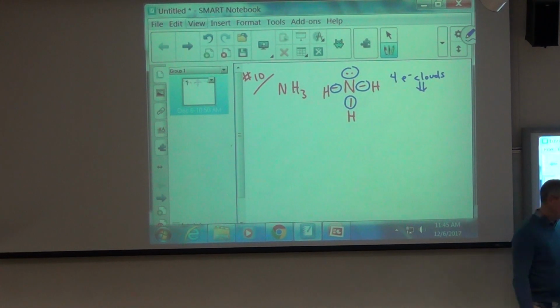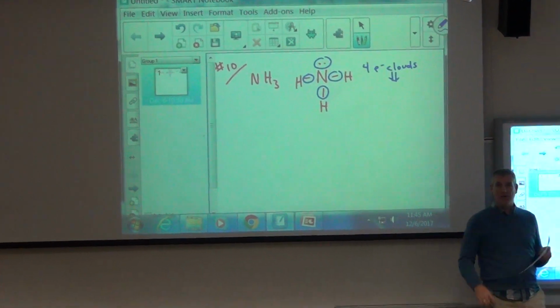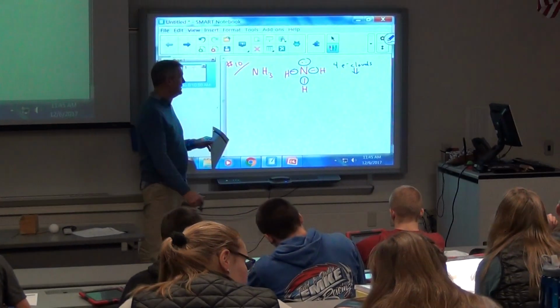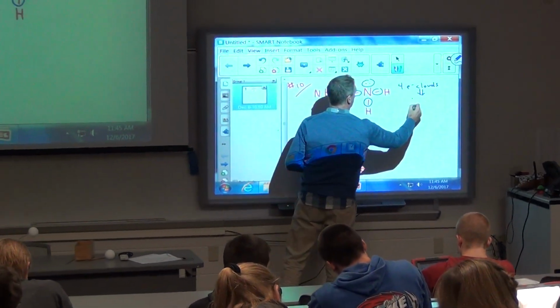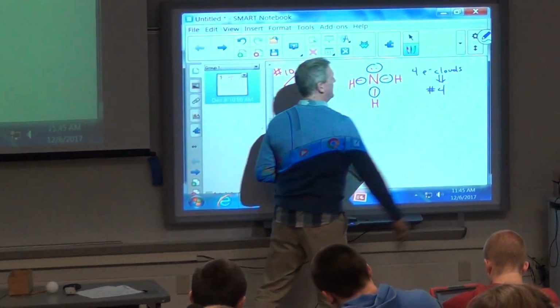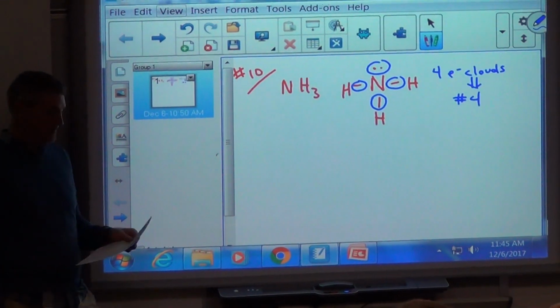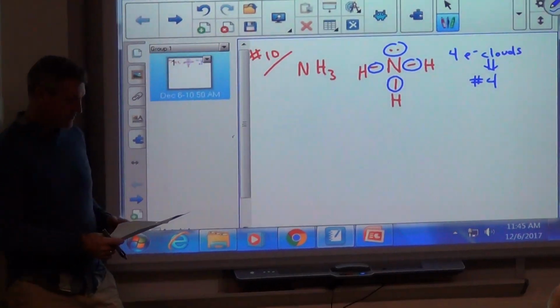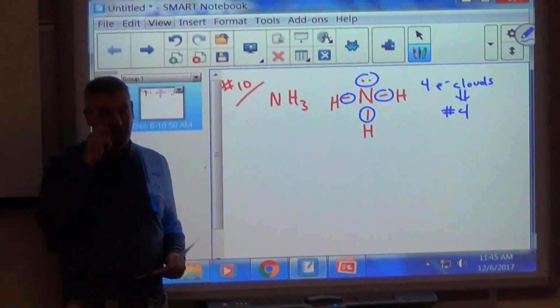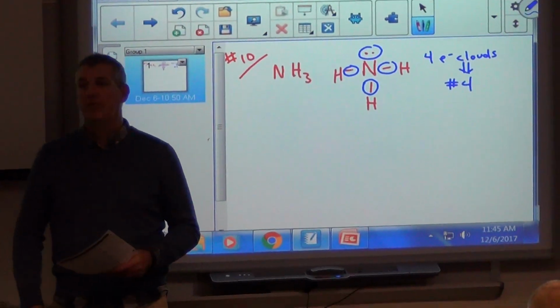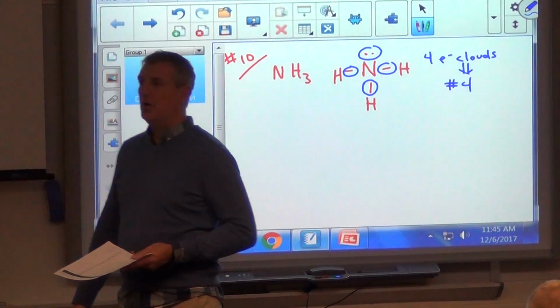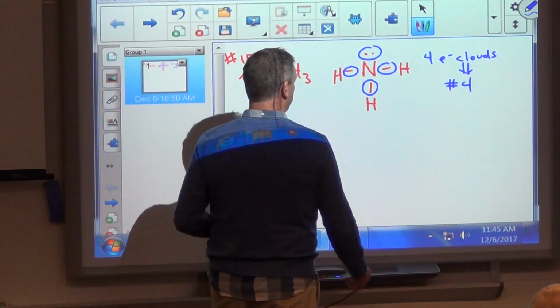So in that second column, when it says steric number, or electron clouds around the center atom, our steric number is going to be 4. Parent geometry for steric number 4 is always going to be tetrahedral.